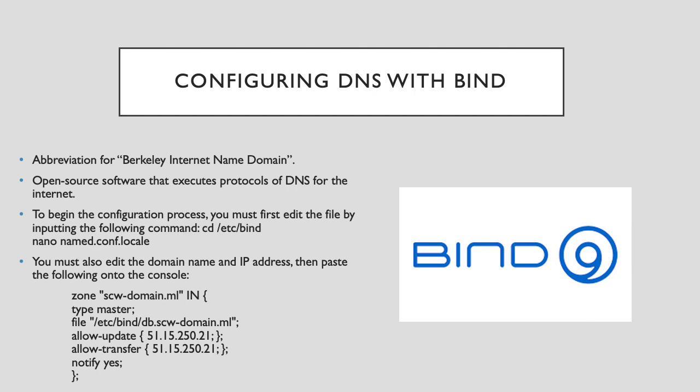You must also edit the domain name and IP address, then paste the following onto the console: zone "scw-domain.ml" (in parentheses type master), and then file, and so on. And then allow-update, allow-transfer, notify yes, and then close the tag. And then that is how you configure the DNS with BIND.